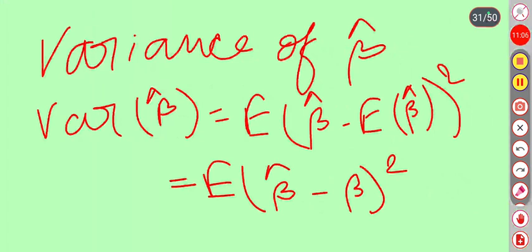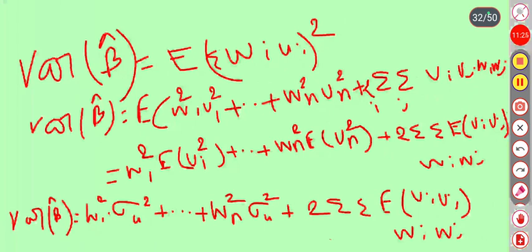And we will now prove the variance of beta hat. So variance of beta hat is equal to expected value of beta hat minus expected value of beta hat, whole square. Here we get expected value of beta hat minus beta, because we know that expected value of beta hat is equal to beta. So variance of beta hat is equal to expected value of sum of wi ui, because we know that beta hat minus beta is equal to sum of wi ui.